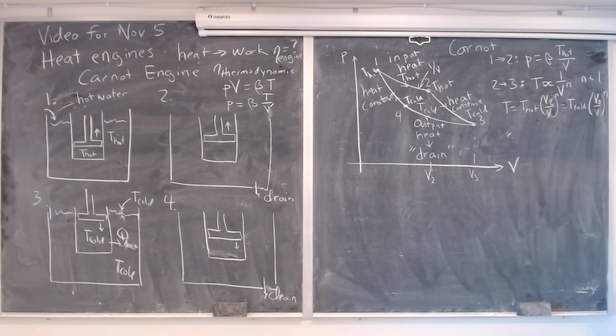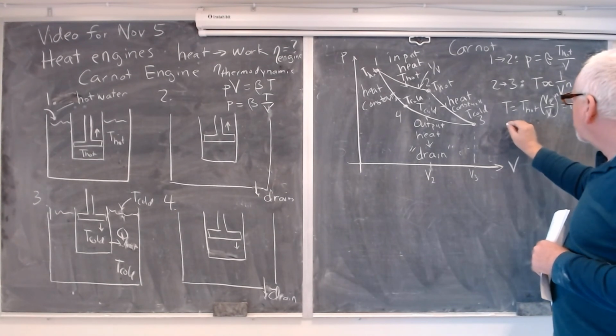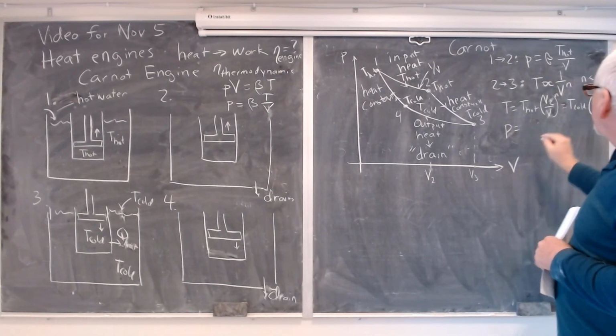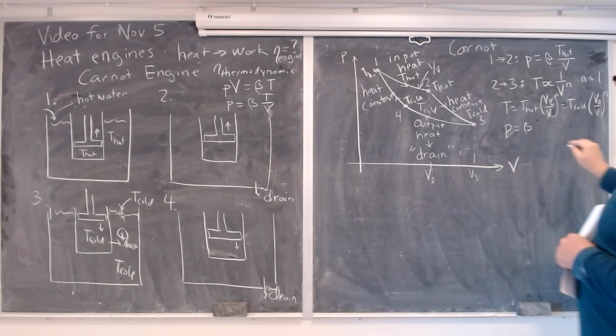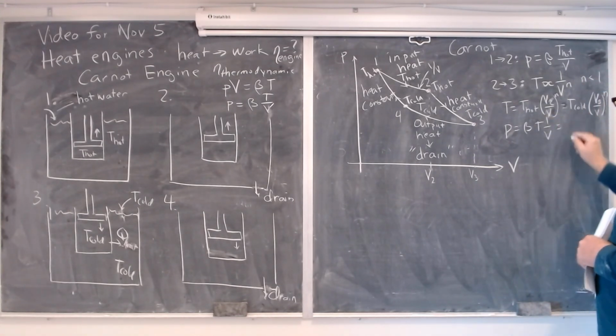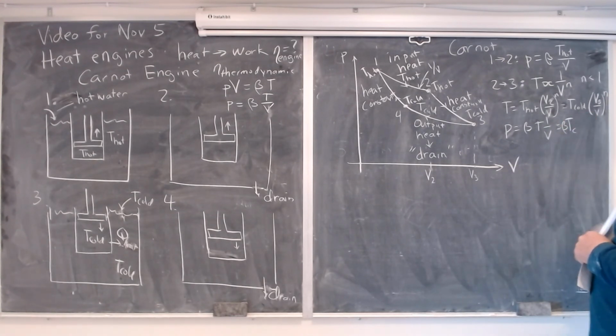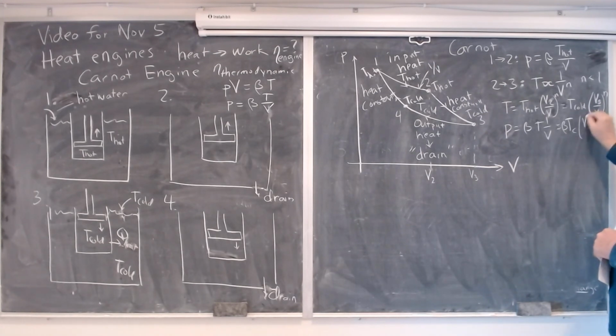All right, so now I know those things are true, and so I can pick either one of them, and I can write that P is beta T 1 over V, so it's equal to beta T, I'll put T sub C... Oh no, let me use hot, sorry.